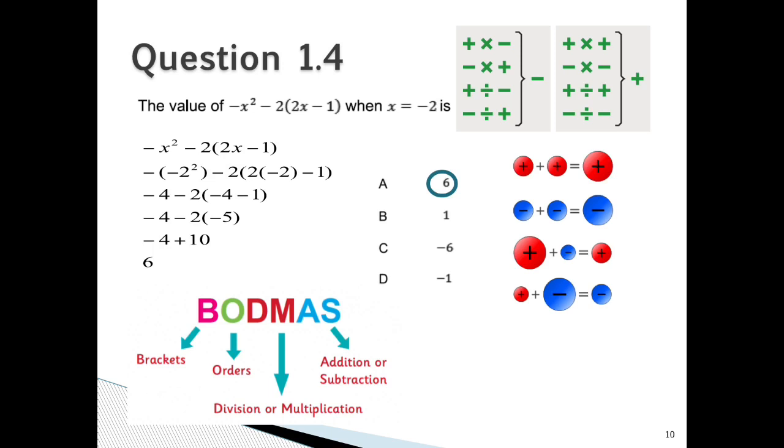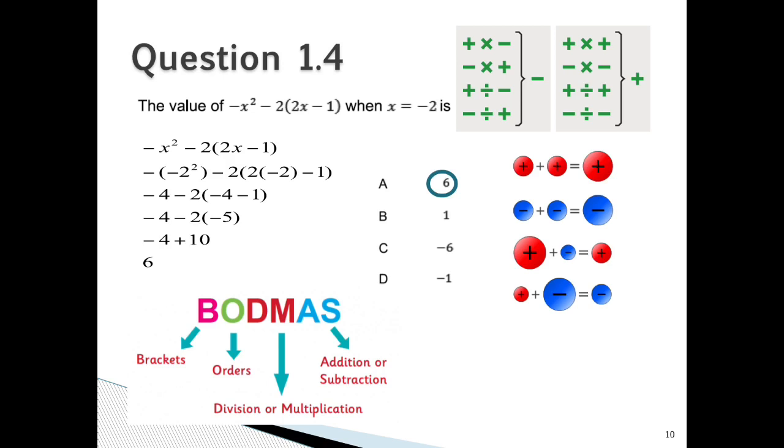A negative times a positive is equal to a negative. A positive divided by a negative is equal to a negative, and a negative divided by a positive is a negative. But a positive multiplied by a positive is a positive, and a negative multiplied by a negative is a positive, and a positive divided by a positive is a positive, and a negative divided by a negative is a positive.